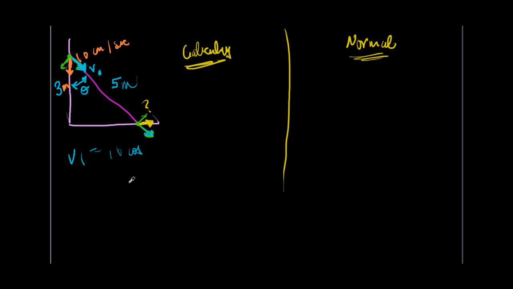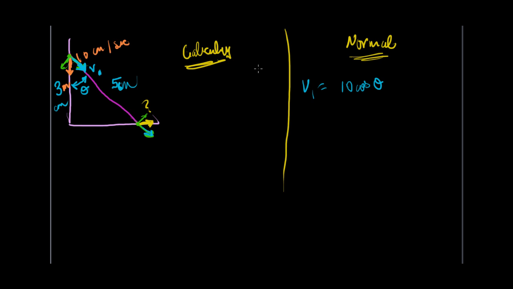Oh, I'm doing this in the calculus part, so sorry. So v1 is 10 cos theta. And for simplicity, I'm just going to make this centimeter, right? Alright.